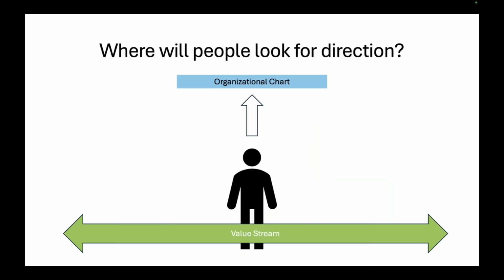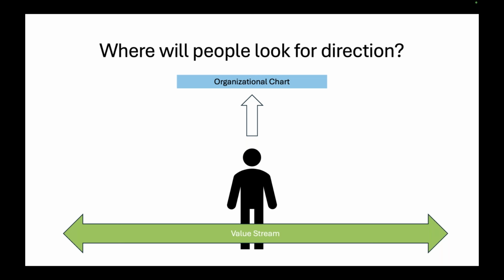What I like to say in terms of a value stream organization, if you think of the people who are doing the work, it needs to be crystal clear where they are going to look on a daily basis for direction, advice, management. How is this going to occur?